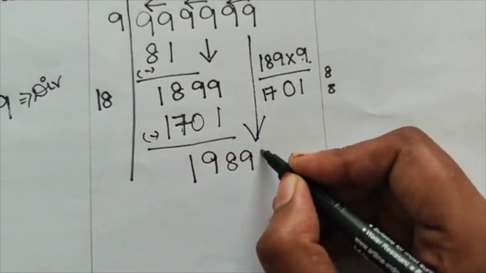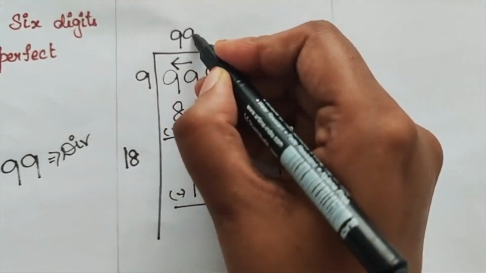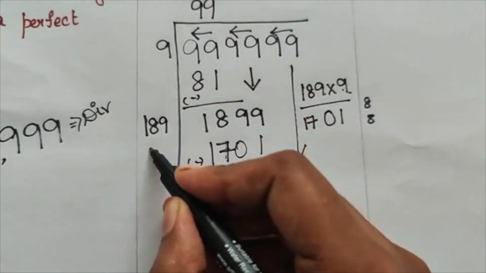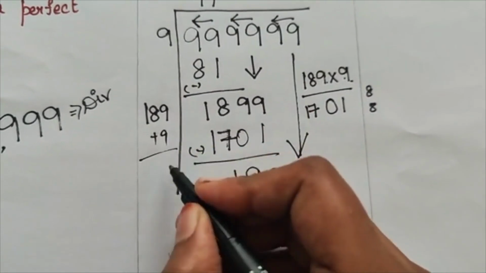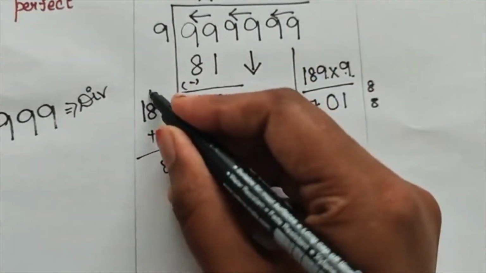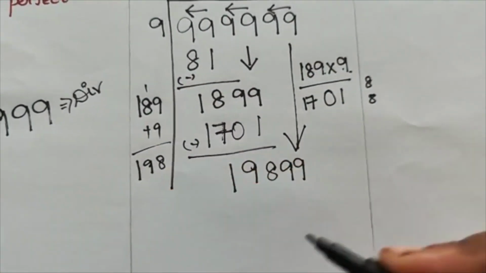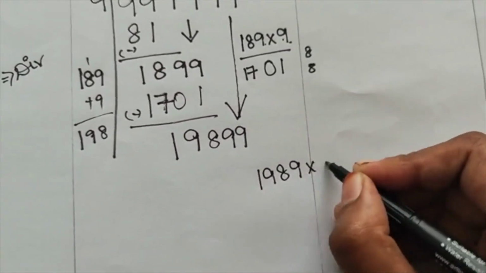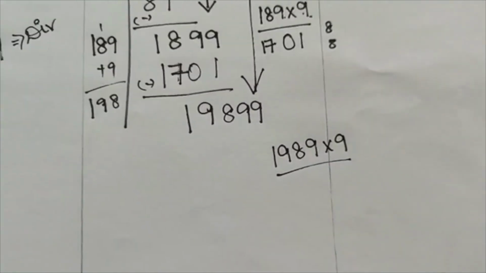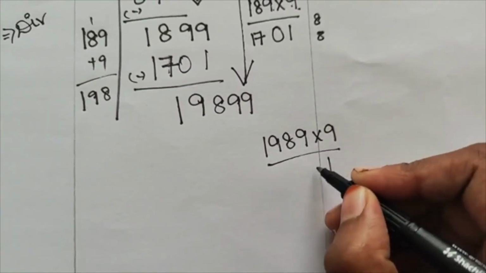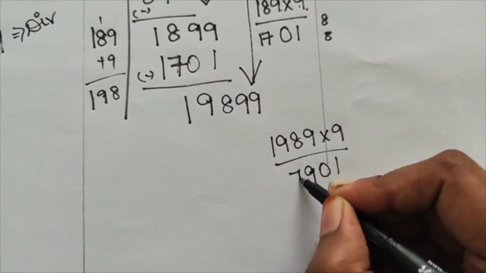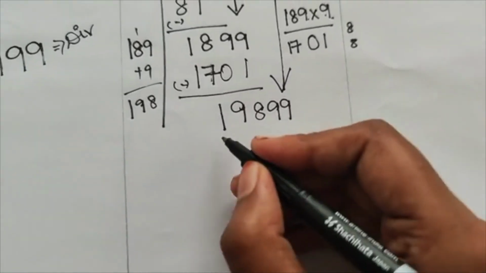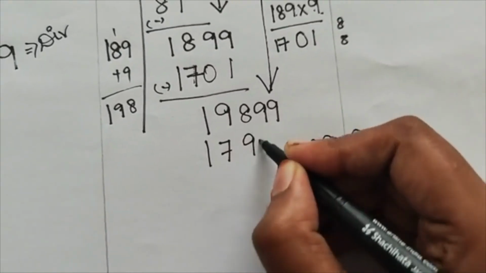It is 99. Adding 9 with 189, we get 1998. Again I am going to multiply with 9. Multiplying we get 17,991.